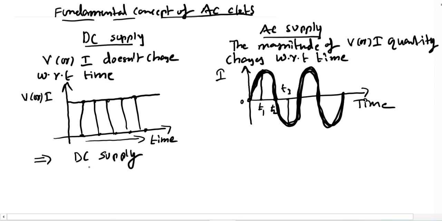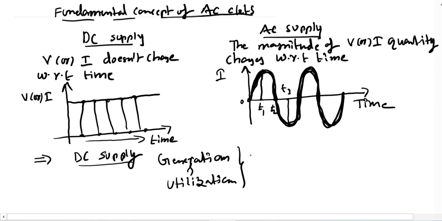In earlier days, we also know that the generation of DC power and the utilization of this DC power were both happening at the same place, where there is no need to transmit the power.